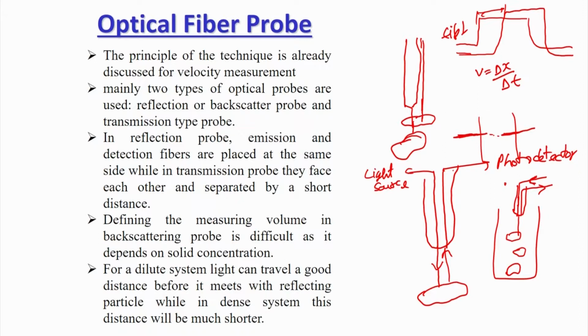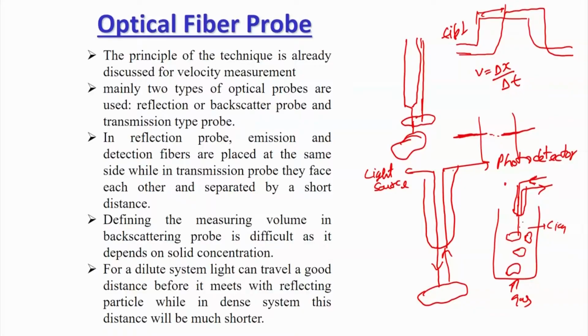It is a gas liquid system, so it will always be in the liquid, and this is the gas which we are sparging. If the system is very lean, the light can travel a longer distance. If the system is very dense, if you are operating at a very high gas velocity, the light may not travel that far and will get refracted completely.